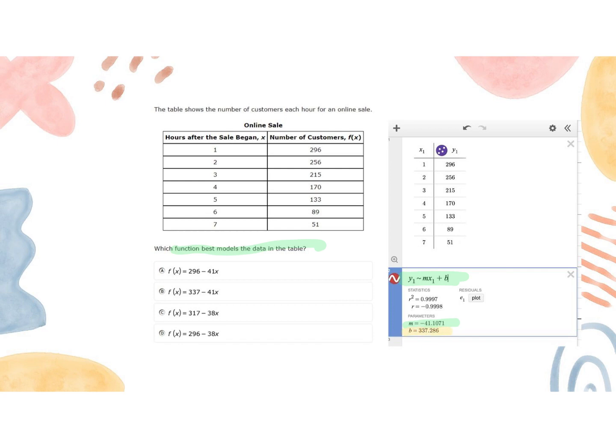So don't get caught up that these are all written with the b first. Don't get caught up in that. So we're going to look for our x at negative 41. So you can tell that the D is not it, the C is not it because the slopes don't match. Okay, and so the only one that fits here is our B.